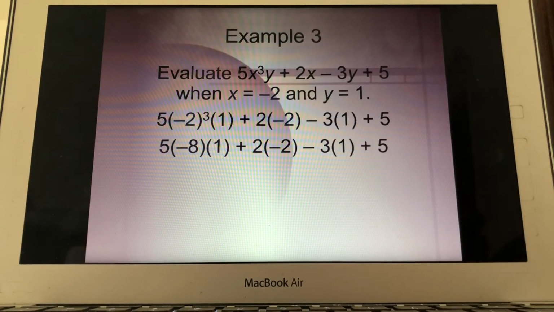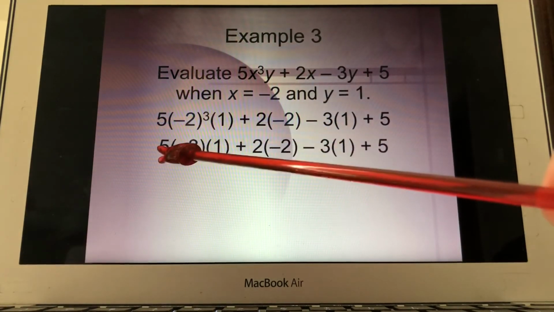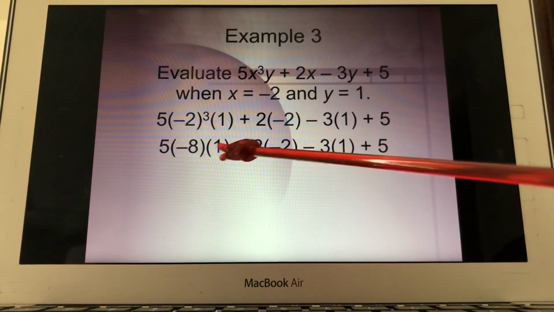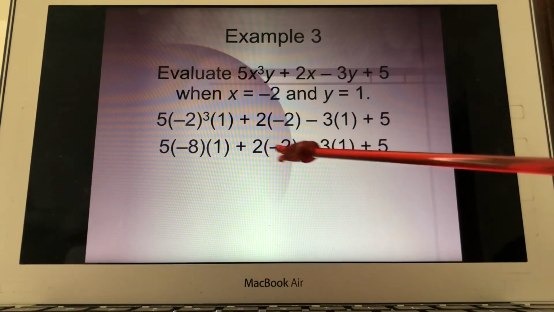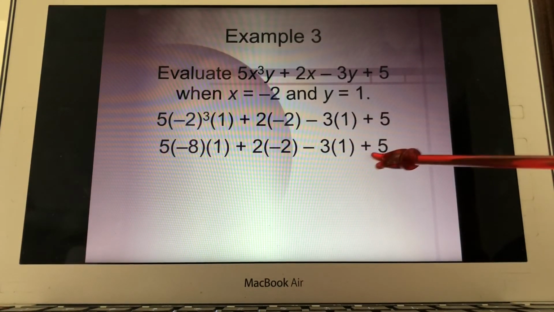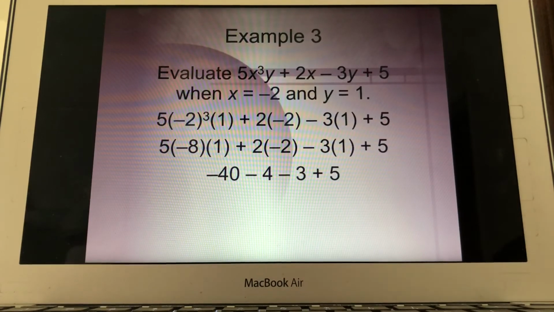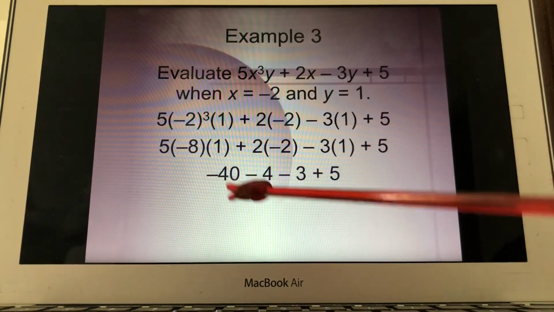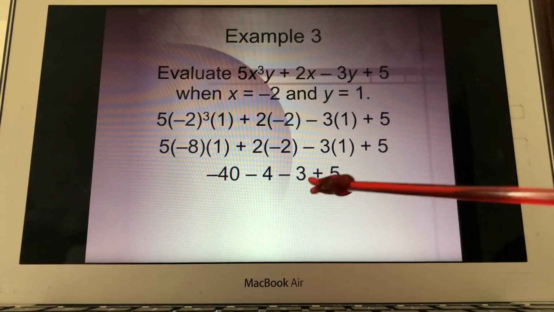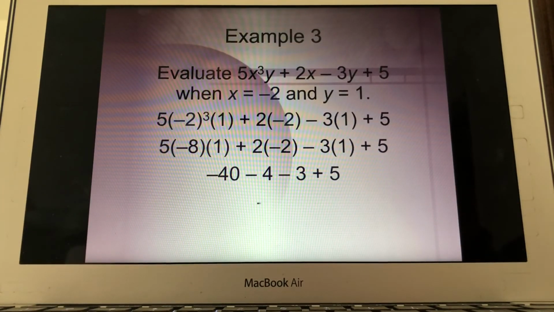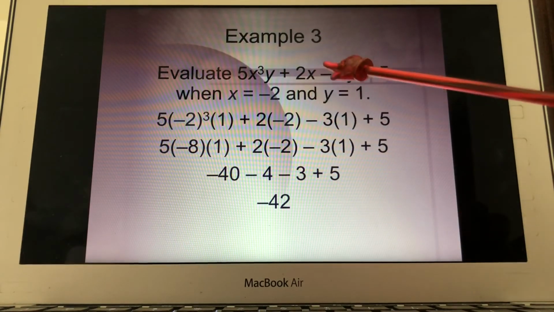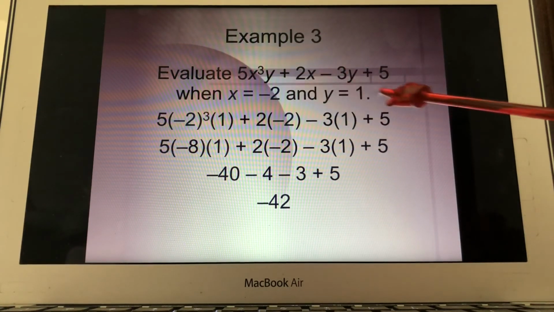When you simplify all that, we have 5 times negative 8 times 1, 2 times negative 2, and then 3 times 1, and then plus 5. Simplify that even further. You have negative 40 minus 4 minus 3, and then plus 5. And that will give us negative 42. That's the value of this polynomial.